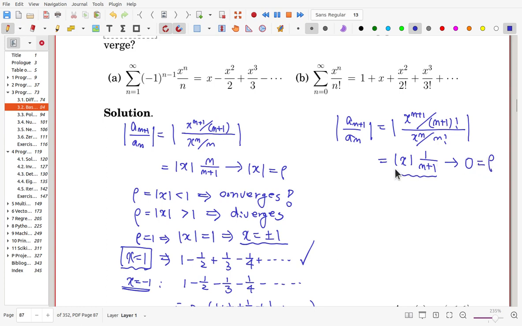No matter what x is, it doesn't matter. This limit is always less than 1, so for every choice of x, it is convergent. In fact, this one is the same as e to the x.